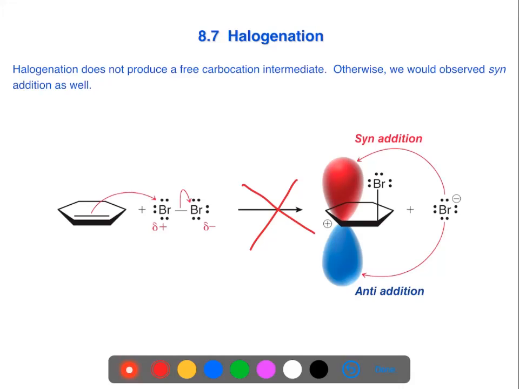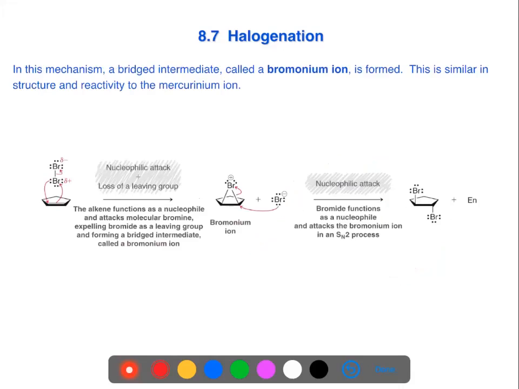Let's see what mechanism has been proposed that explains the observed stereochemistry. Halogenation does not involve the formation of a carbocation. Similar to oxymercuration, we see a bridged intermediate forming, and we refer to this as the bromonium ion. We have an alkene interacting with Br2, with the electrons from the pi bond attacking one of the bromine atoms in a nucleophilic manner.